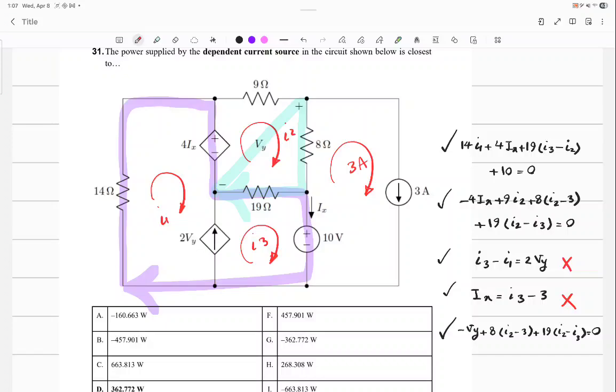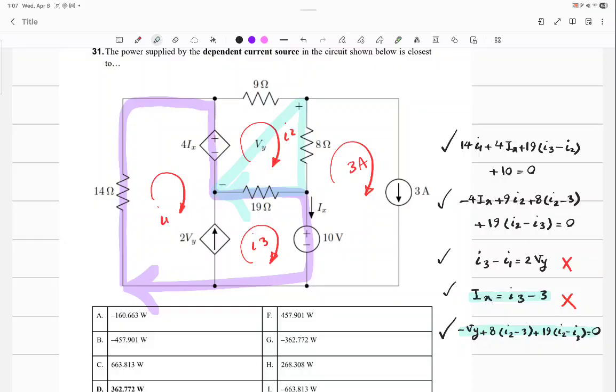The important part here is that I want you to focus on these 2 extra equations. Where do those come from? IX, I3 minus 3. Look here.